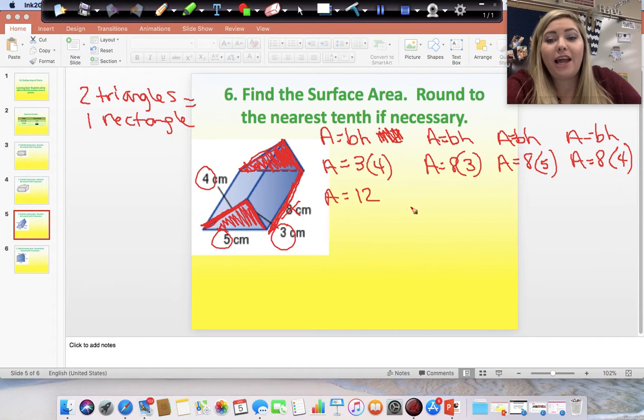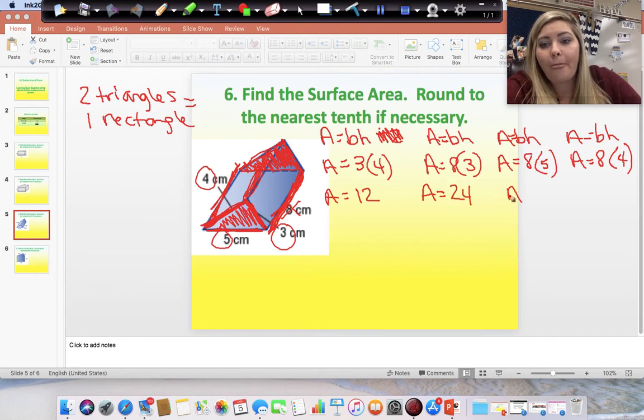Okay, so now we have each one of our rectangles around the side. We've got the base and the height for this rectangle, the base and the height for this rectangle, and you can't even see it down here, but the base and the height for this rectangle. So 8 times 3 is 24, 8 times 5 is 40, and 8 times 4 is 32.